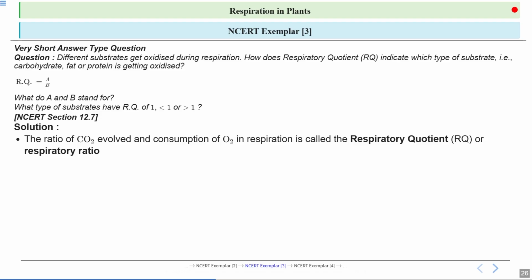So let's see first what is the respiratory quotient or RQ. It is defined as the ratio of carbon dioxide evolved to oxygen consumed during respiration. RQ is given by A by B, which is given in the question, and this is equal to the volume of carbon dioxide evolved divided by the volume of oxygen consumed.